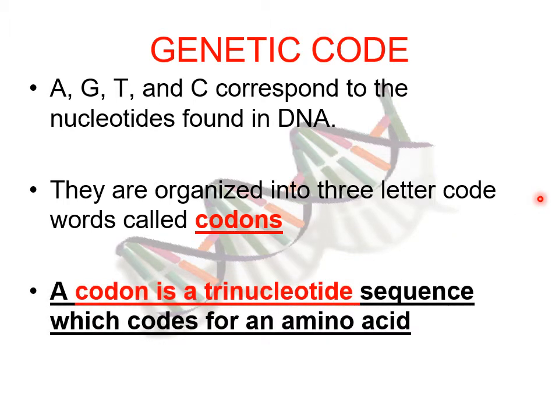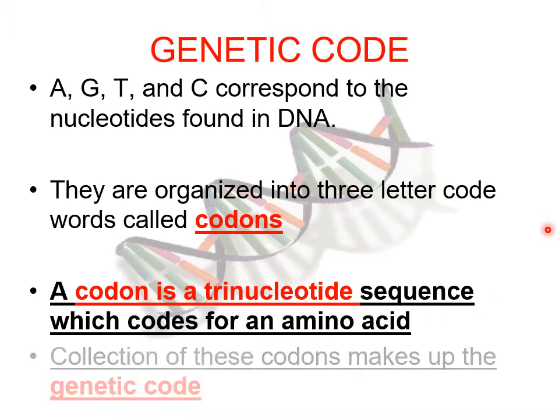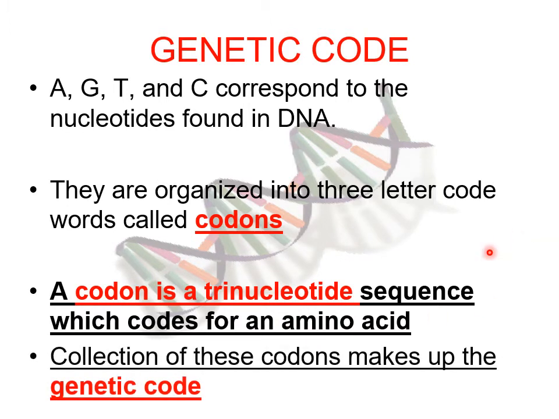So, what is a codon? A codon is defined as a trinucleotide sequence which codes for an amino acid. That is, three consecutive bases are arranged to form a codon which codes for a specific amino acid. So, a collection of these codons makes up the genetic code.